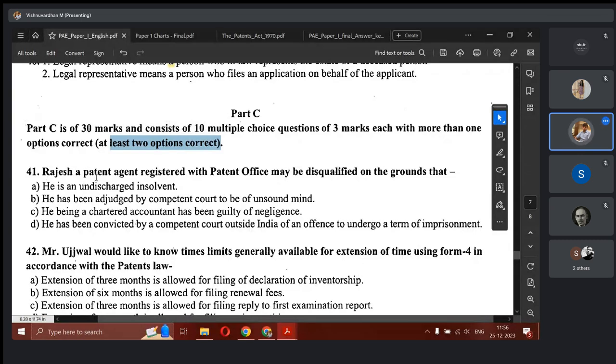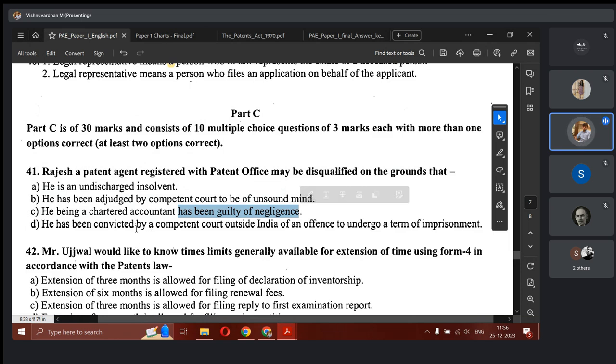So Rajesh, a patent agent registered with the patent office, may be disqualified on the grounds. Again, this falls between section 118 and 130. He is an undischarged insolvent, that means bankrupt. He has been adjudged by a competent court to be of unsound mind. He, being a chartered accountant, has been guilty of negligence.